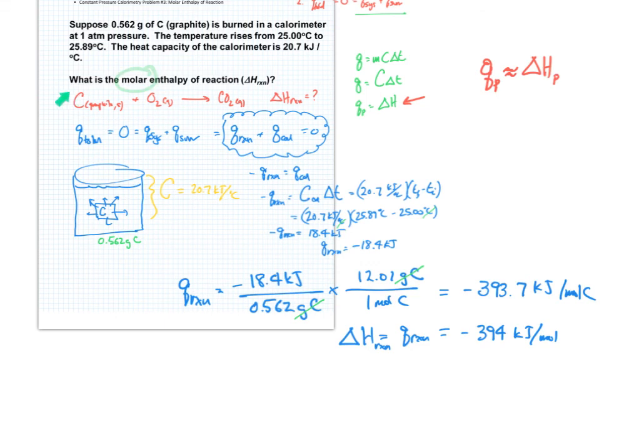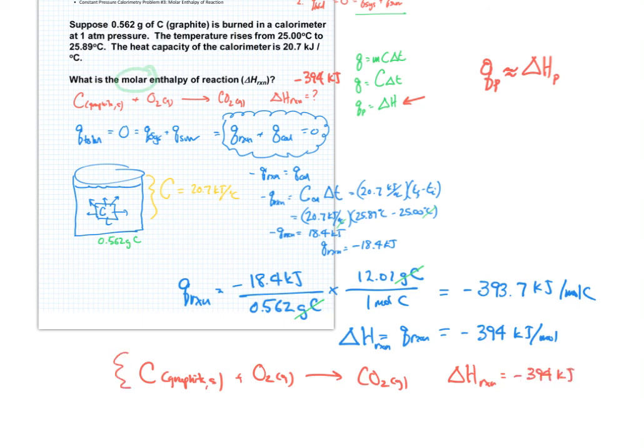But because this is 1 mole of carbon, then that number is actually going to be minus 394 kilojoules. And now my proper thermochemical equation is C, graphite, solid, plus O2, gas, yields CO2 gas, delta H of this reaction is equal to minus 394 kilojoules.